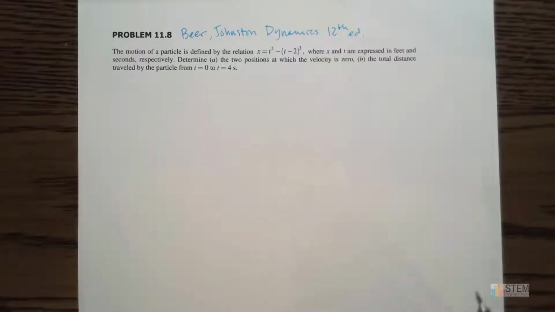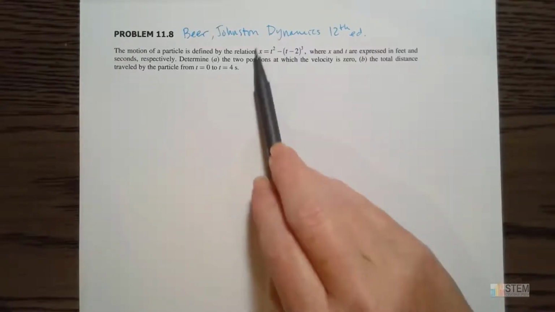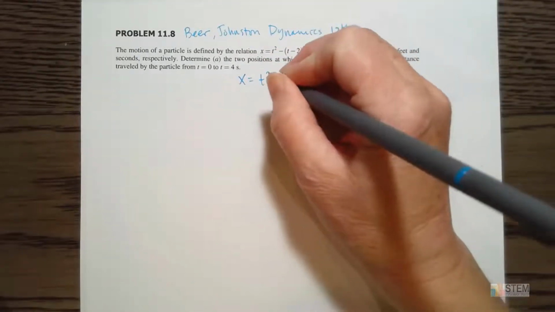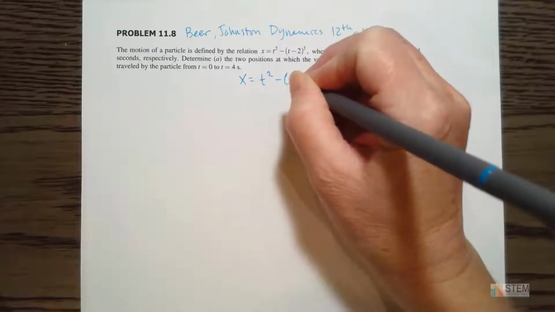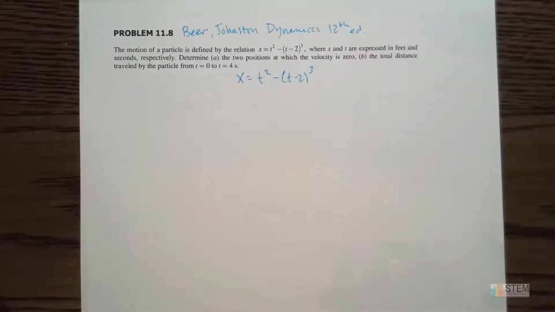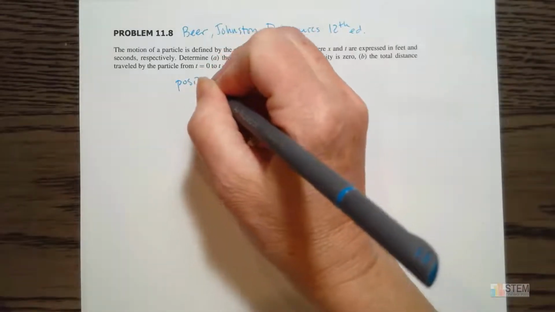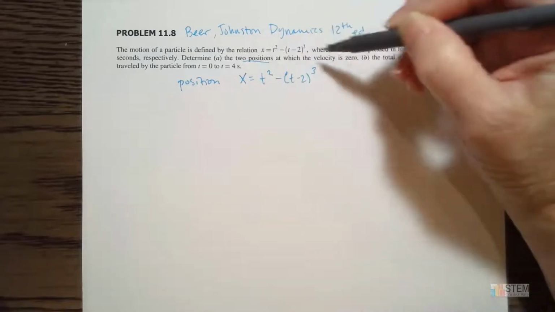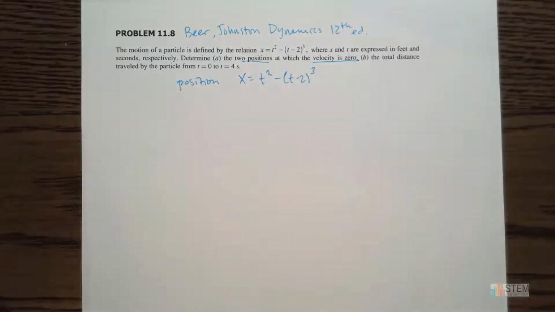So first of all, I'm going to rewrite this equation because we're going to need it. So x is t squared minus (t minus 2) cubed. Now remember this is position. What we want to do is find the two positions where velocity is 0.